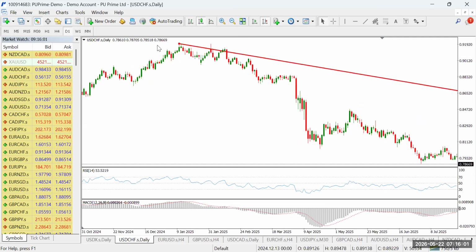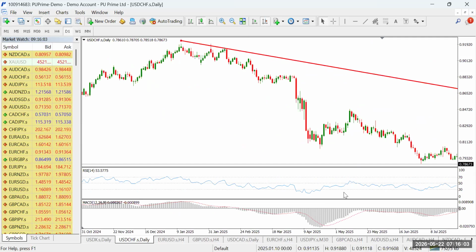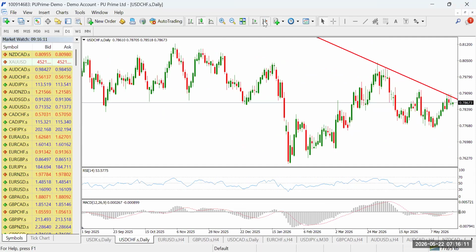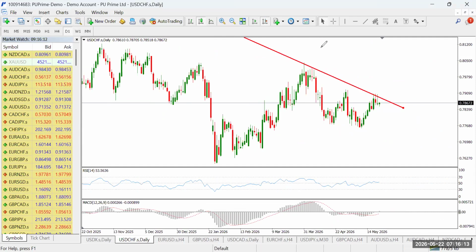You can see price touching the high point right here, higher low, higher low. And we have a slight touch here, the tip of the candles and the recent one. And yesterday's candle also closed as a rejection candle. That's this. So technically, we're going to be looking for a bearish movement on the USD CHF.